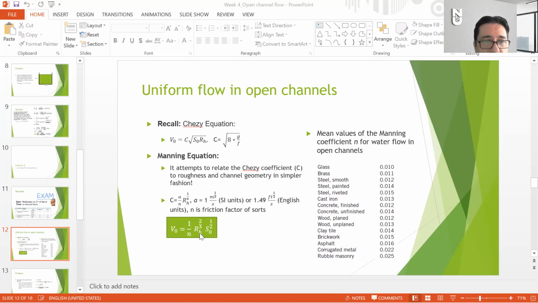So you see that the parameters are almost the same: the slope and hydraulic radius. The effect of slope is the same as with Chezy, but the effect of hydraulic radius is a little bit different than Chezy. However, this effect is somehow embedded into the coefficient.